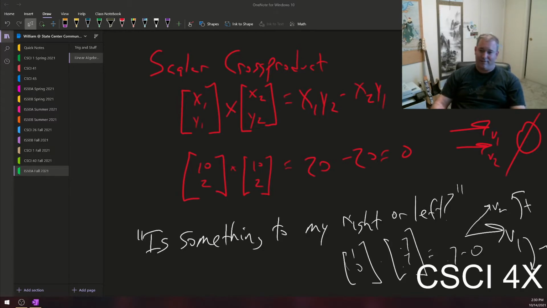It's a week's worth of math, but it's all just arithmetic. Multiply, minus, multiply. That's it. What matters is not the computation. Again, it's the knowledge. Is something to my right or left?